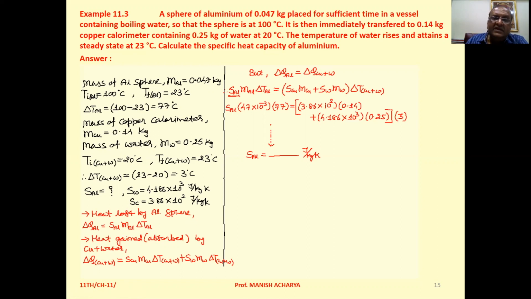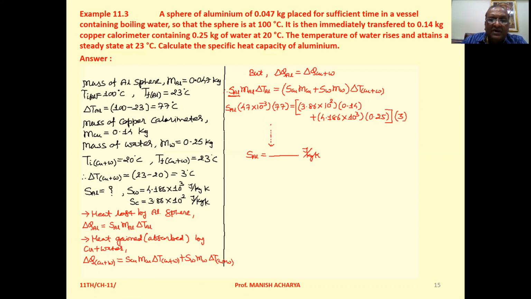Now heat gained or absorbed by the system made by copper and water, that is delta Q absorbed by copper plus water. Some part of that heat is utilized to raise the temperature of copper, some part is utilized to raise the temperature of water.